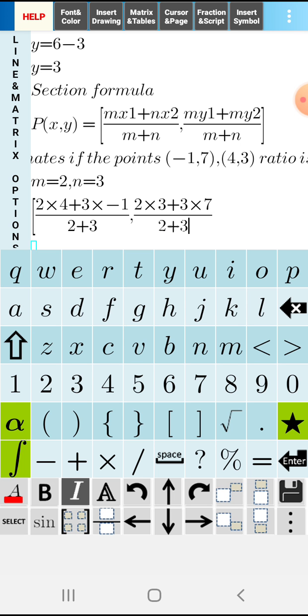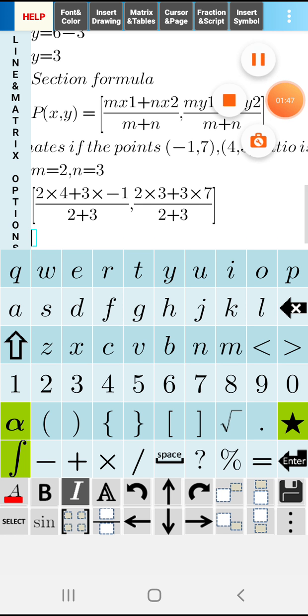Close the bracket. Now solve this. When you solve this we get (1, 3). This is the answer.